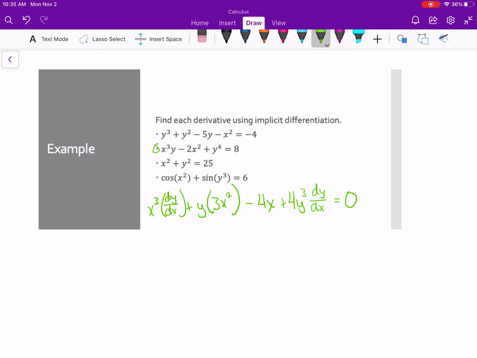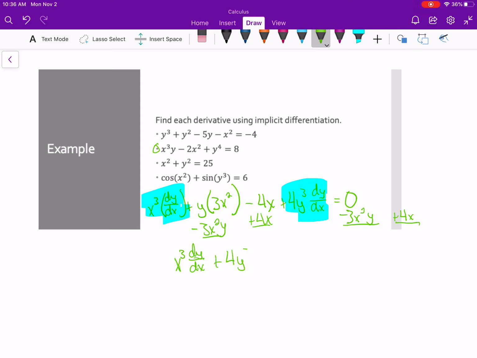What I want to do is go through and find all of my dy dx terms. They're not all on one side, so let's get rid of everything else. I'm going to subtract 3x squared y, and I'm going to add 4x to both sides. So now we have x cubed dy dx plus 4y cubed dy dx equals 4x minus 3x squared y.